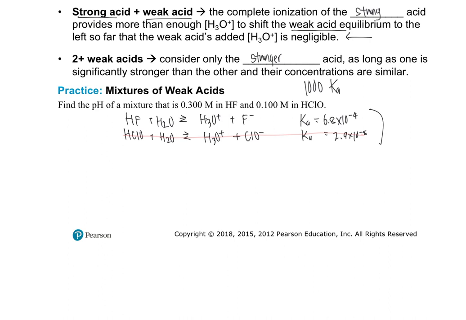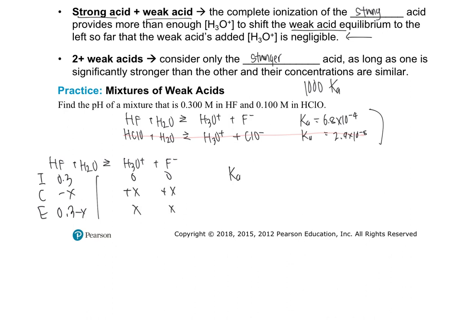So we'll do HF. Let's write that guy. There's my reaction. Set up an ice table. 0.3 molar minus X. I don't have any of my products. So then my Ka is hydronium times fluoride over the acid.